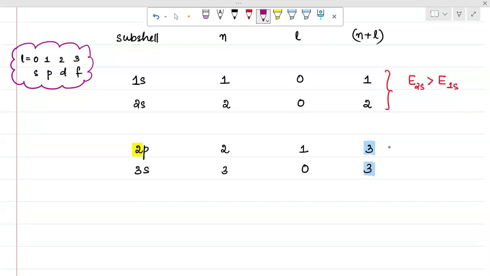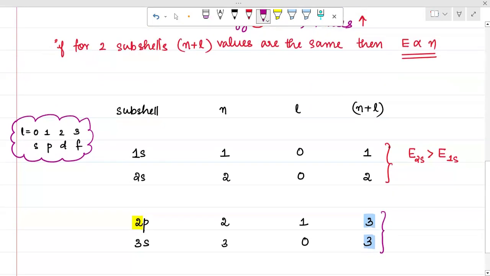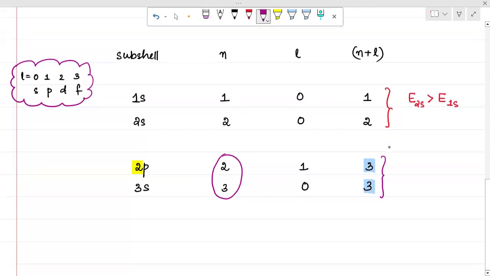If you get such scenarios where the n plus L values are the same, you compare the n value. That is what is written over here. So you compare the n value, you see that 2 is less than 3, and hence what you will write is the energy of 2p is less than the energy of 3s. Why?